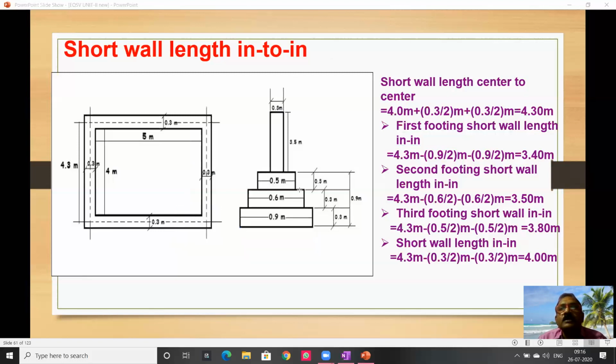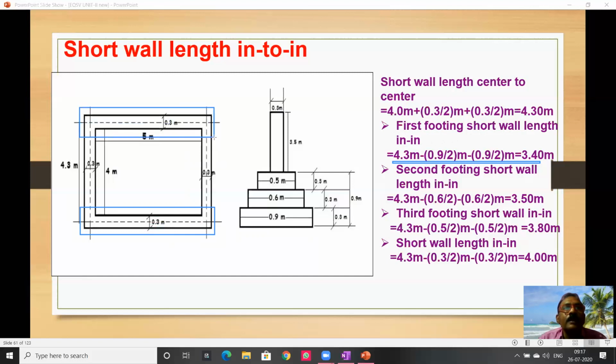So similarly, this is the first footing calculation. If you calculate 4.3 minus 0.9, 0.9. So this is similar, suppose you excavated like this, width of 0.9 meters, width of 0.9 meters.